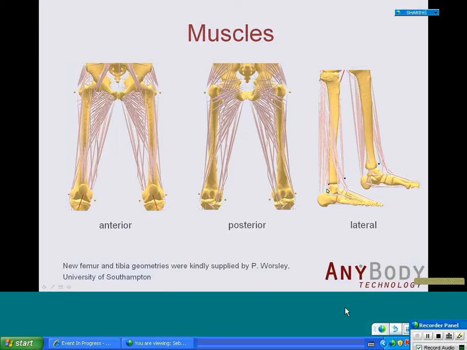When you look in the shank region, you also see how the tibialis anterior, for example, connects to the patella, to the foot. This picture is also to mention that we have new femur and tibia geometries in this model, which were kindly supplied by the University of Southampton by Peter Worsley.